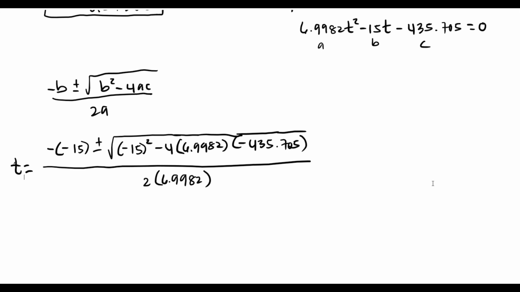So to simplify, we have time equals, so this negative and negative becomes positive, then plus minus the square root.